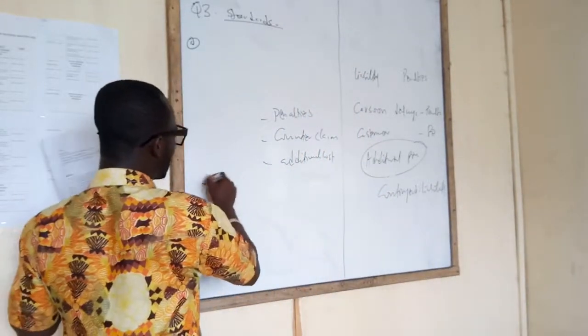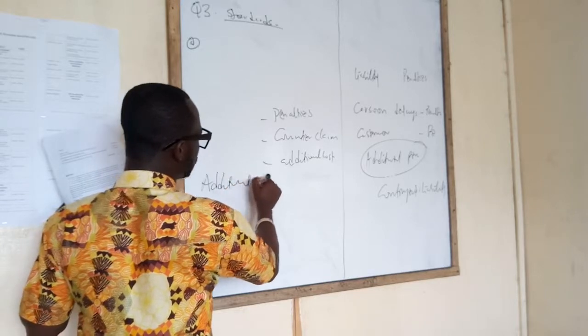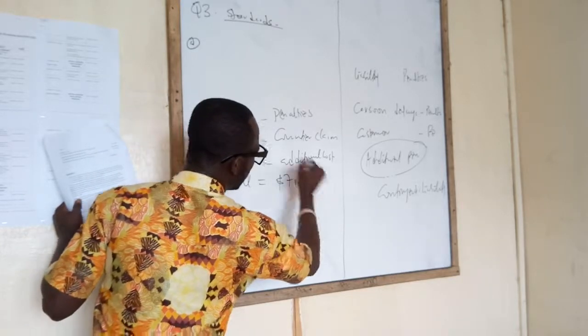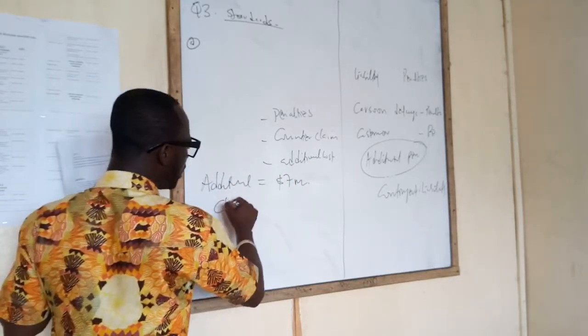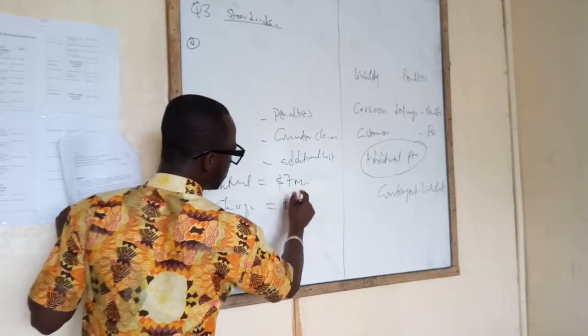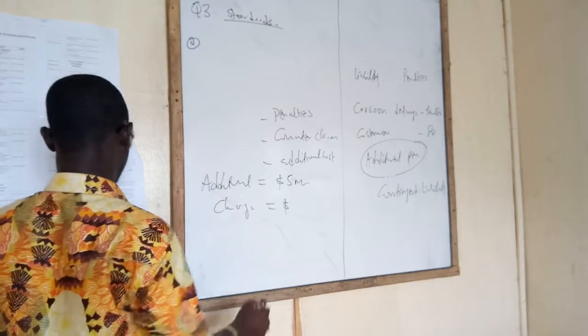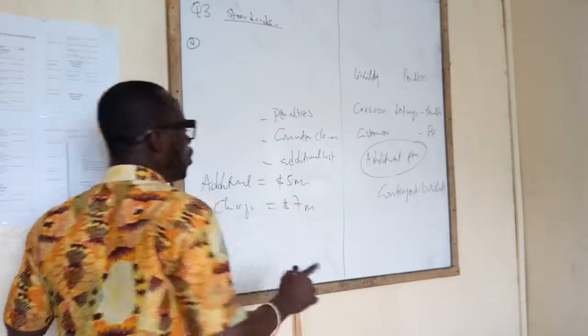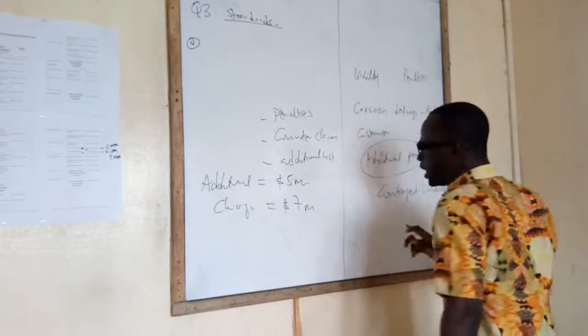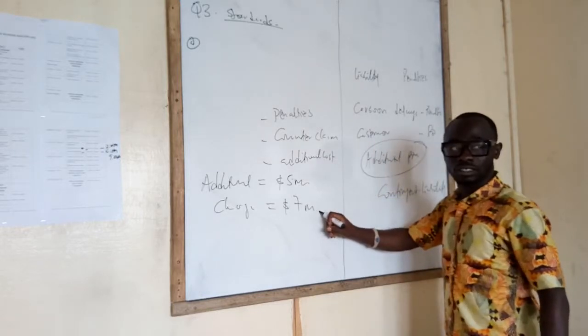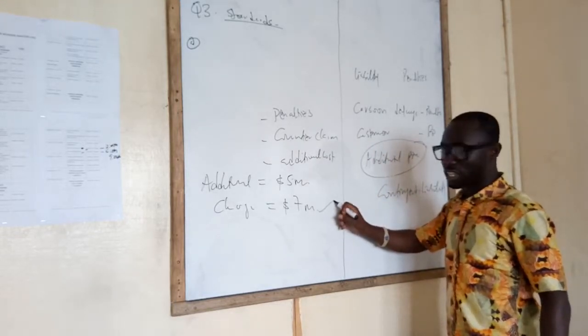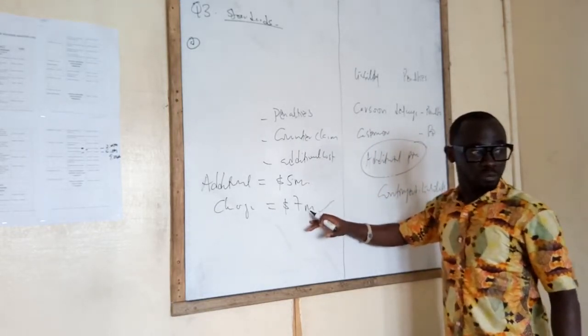So that is the additional thing the examiner is talking about. At a cost of $5 million, but they will charge them $7 million. So the transaction price is going to be $7 million.